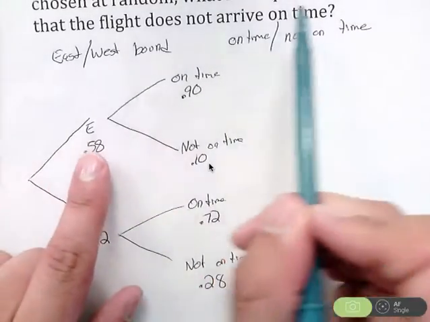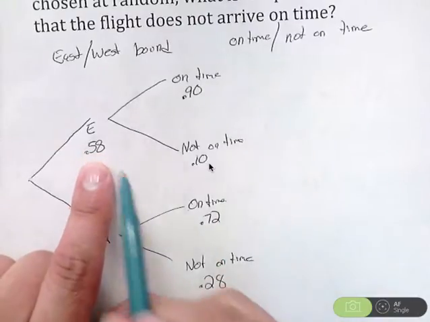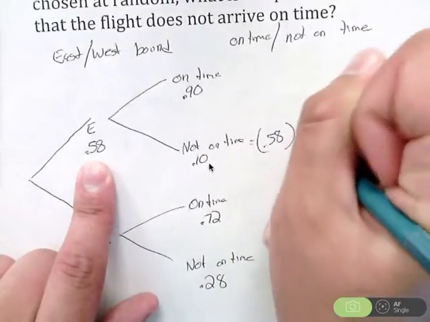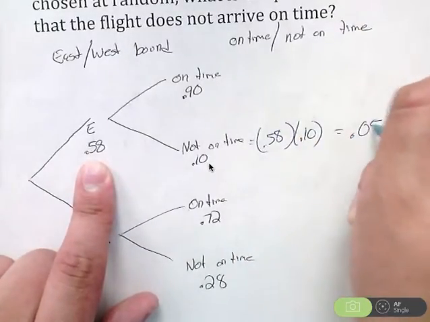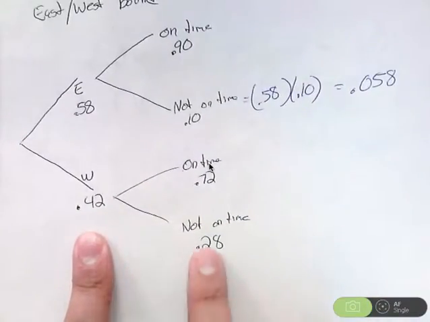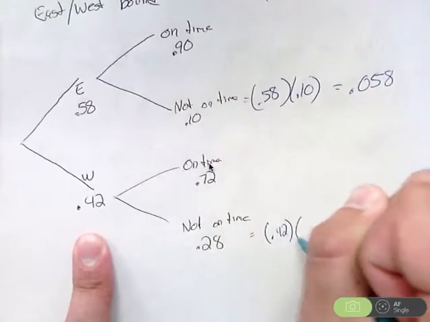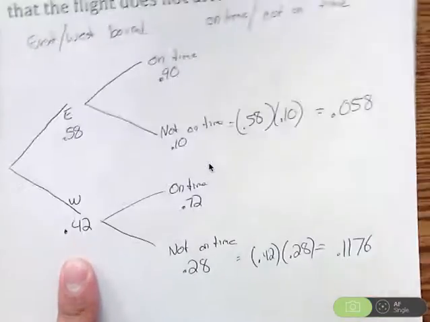It wants eastbound and not on time, so we multiply these together: 0.58 times 0.10, which is 0.058. And then you could be westbound and not on time. That means multiply again: 0.42 times 0.28, which is 0.1176.